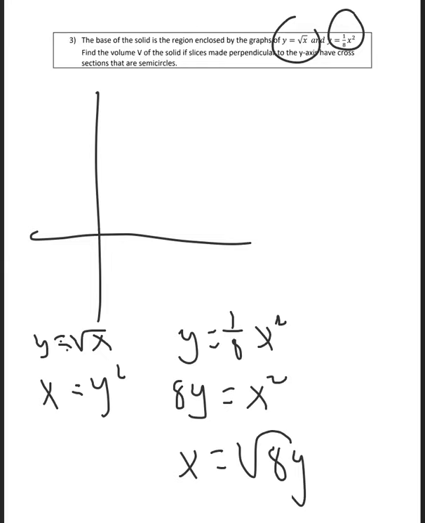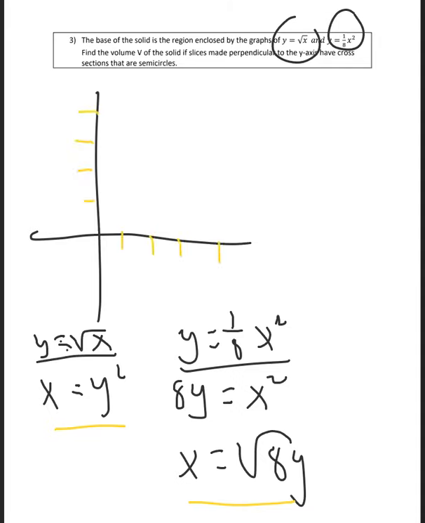I think it's easier to graph with these two equations than the new two equations that you got, because you have to remind yourself you're plugging in a y value and getting an x value instead of what we've been doing our entire lives, plugging in an x value and getting a y value.